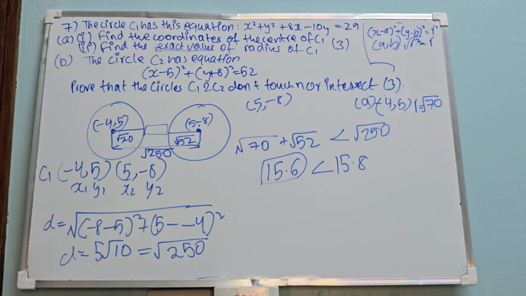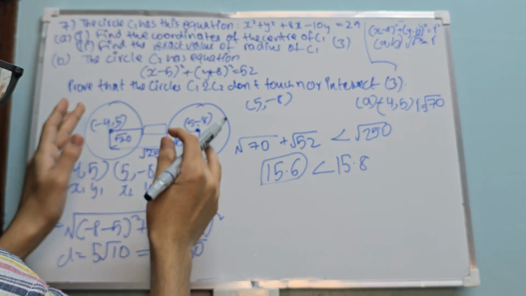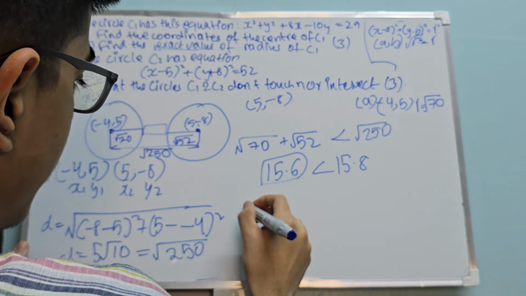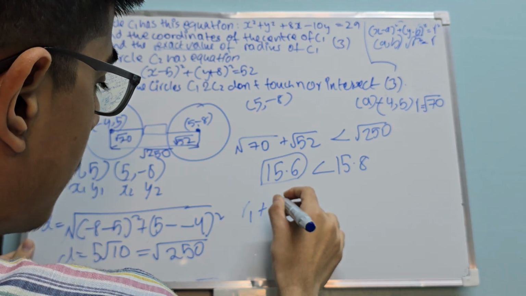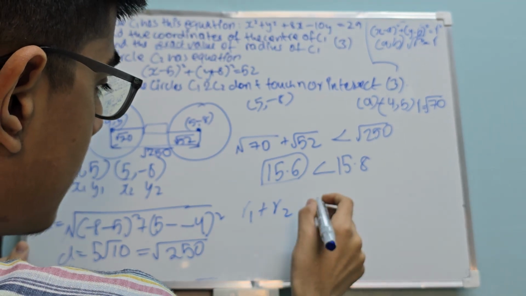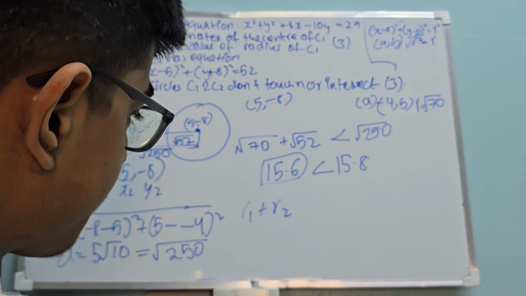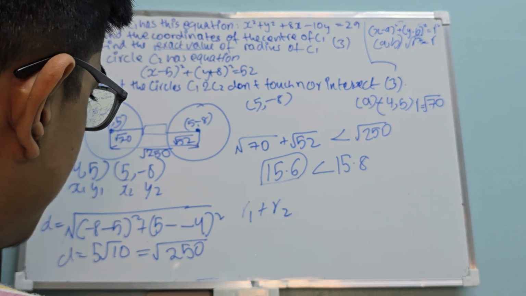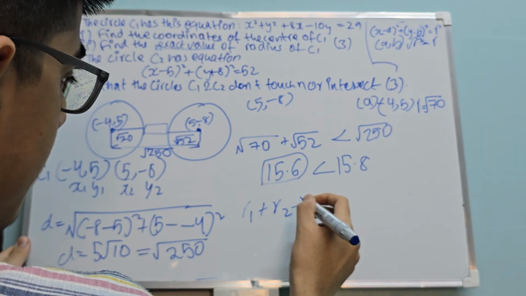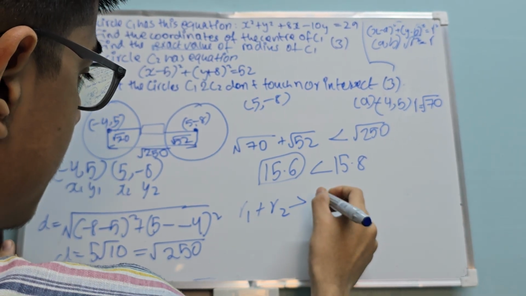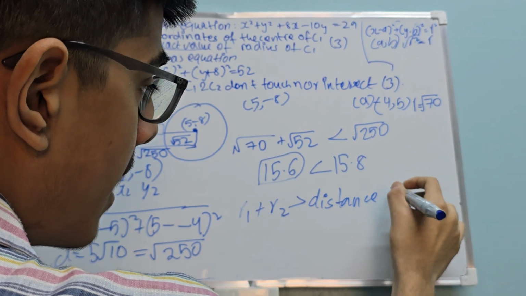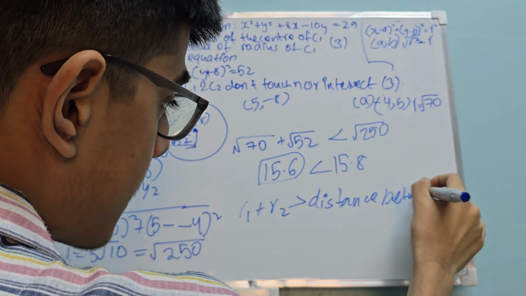If the two circles were intersecting or touching, adding both radii should give us greater than the distance between the centers.